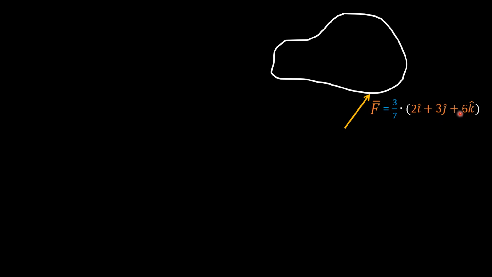Force F acts at a point A on the body. We have to find the moment of this force about this point O. So for that we have to find vector OA bar.